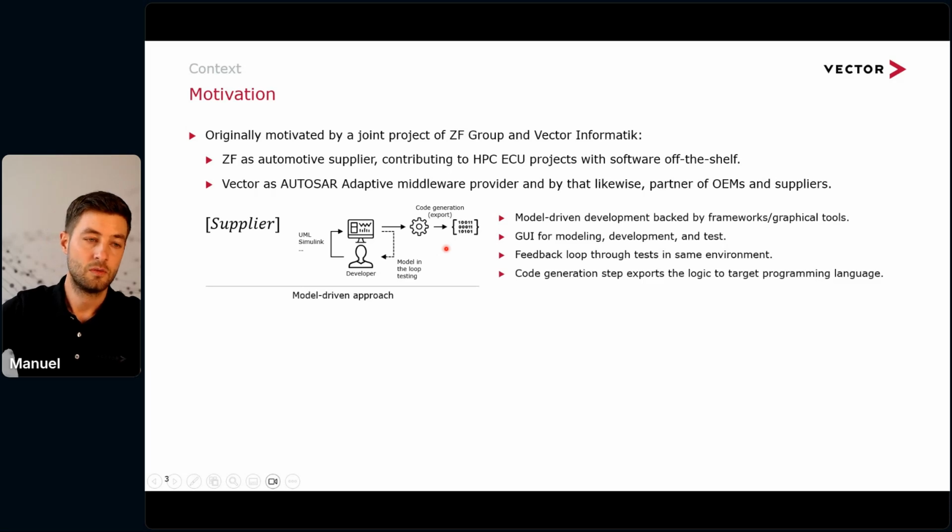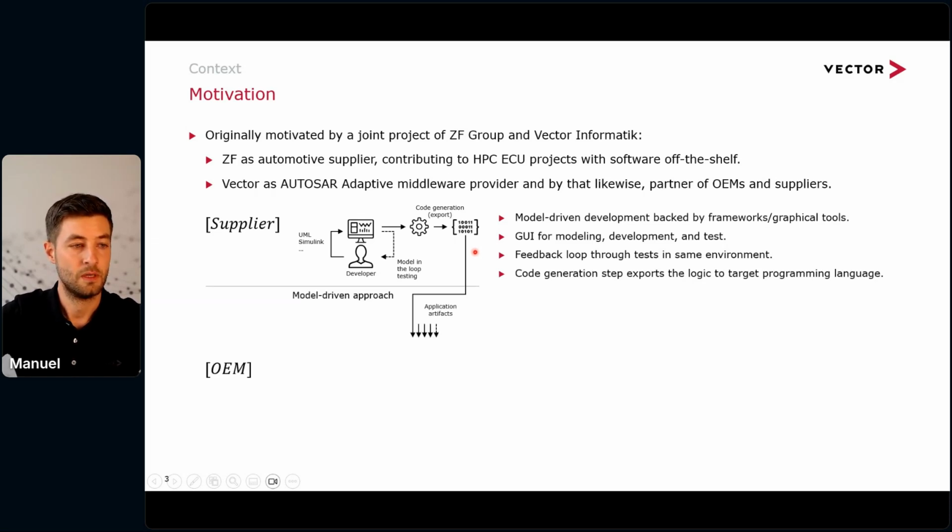In the end, to bring those application artifacts into some target system, an ECU project, we see code generation, export steps to a target programming language, be it C, C++, in the future maybe also Rust.